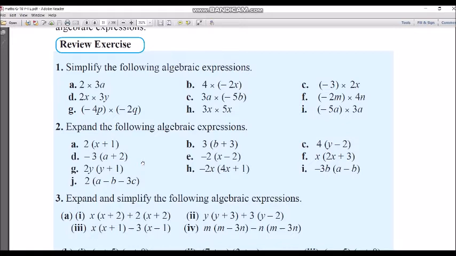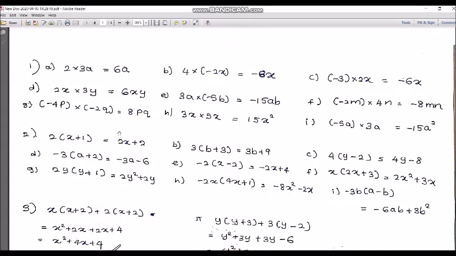Here the unknown variable is a, 2 and 3 are the constants, and the algebraic operation is multiplication. That is a simple form of how an algebraic expression is formed. Let's go through them one by one and see how we can simplify them.